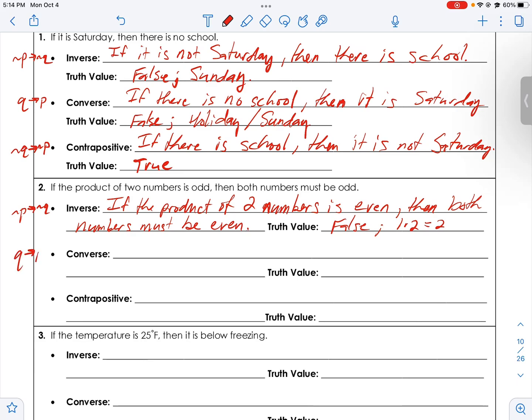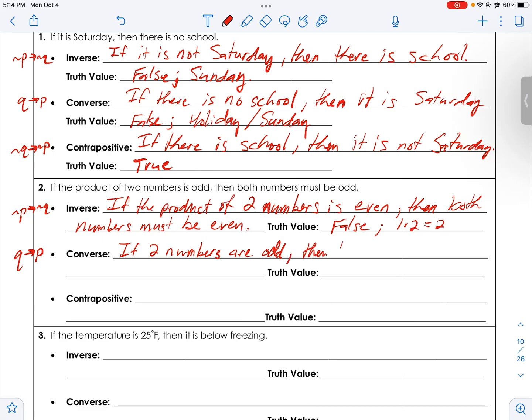Now let's do the converse. Let's do Q, then P. So let's flip them back. If two numbers are odd, it's weird to say both, so we're just going to say two numbers.